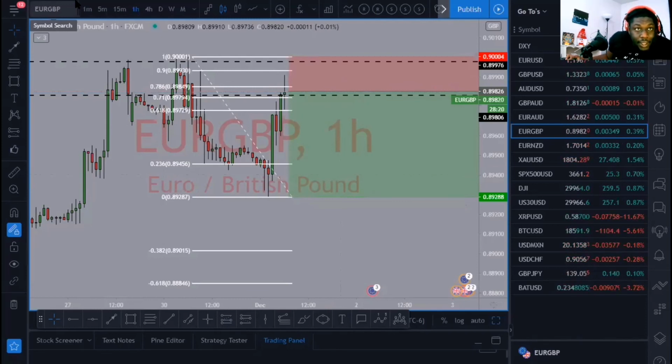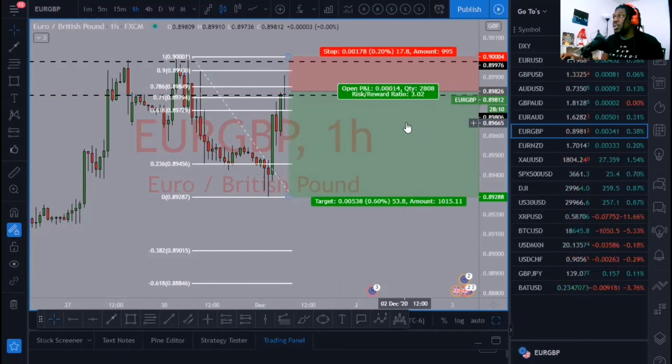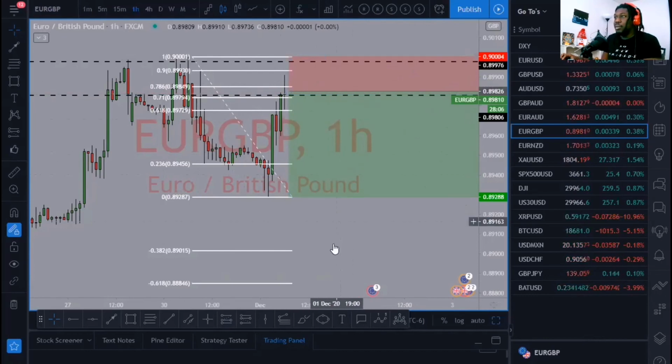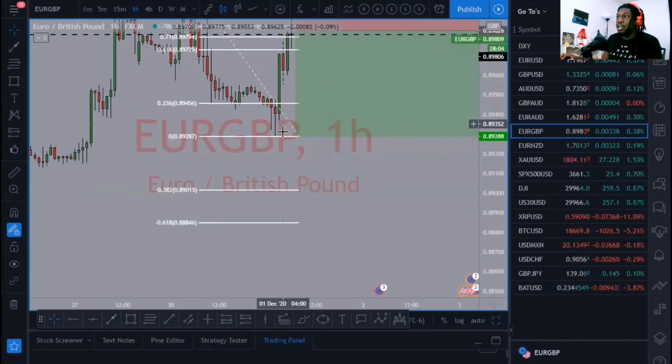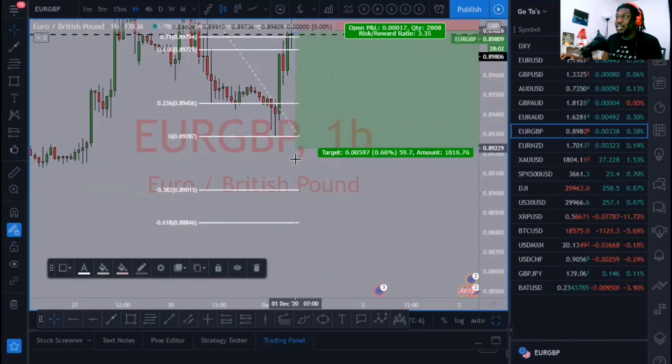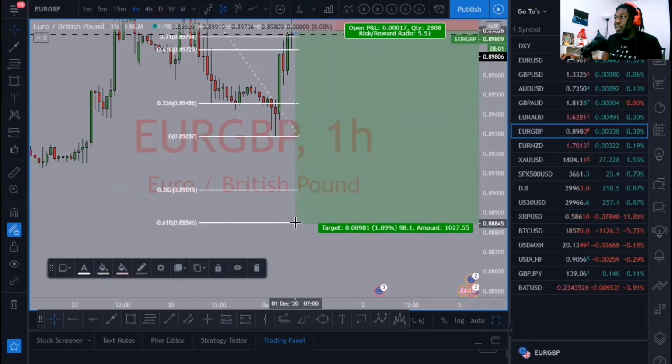I don't necessarily like putting my stop loss at those types of psychological levels, but hey, why not? It's a good risk to reward trade. You're only risking about 19 to 20 pips, 17 pips, to get 53 pips or even lower, because ultimately I would want to see this make a lower low. And if it does, that's almost 100 pips right there.